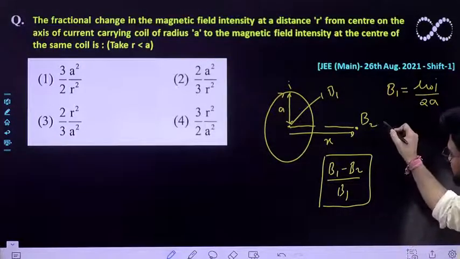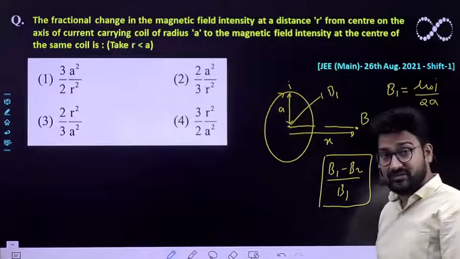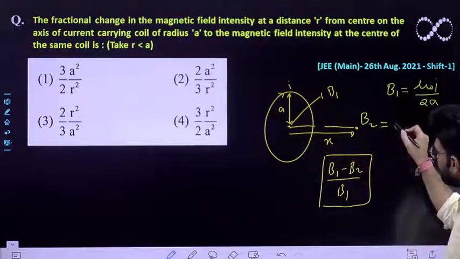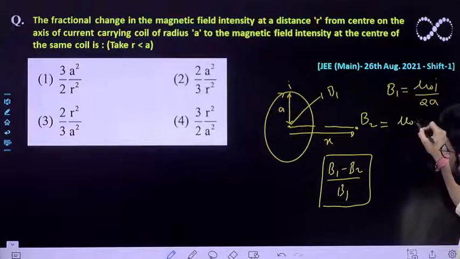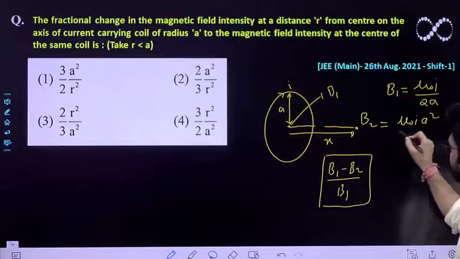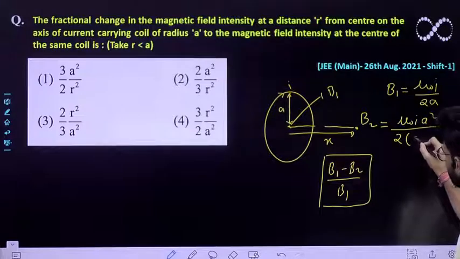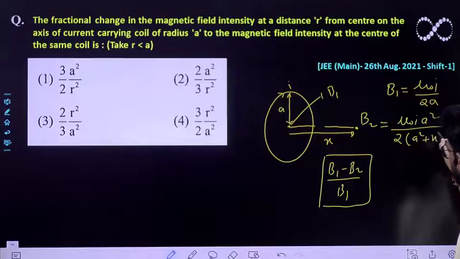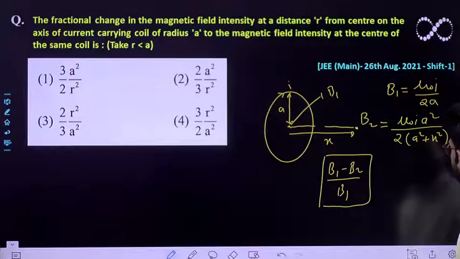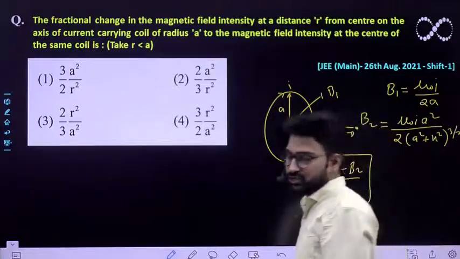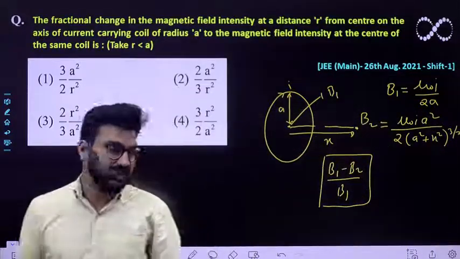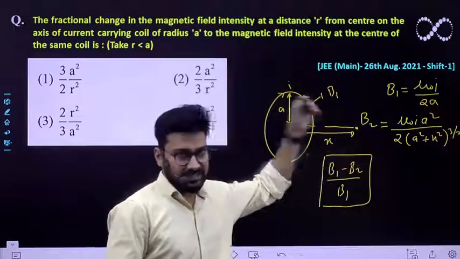And what about B2, the magnetic field at the axial point? It is given by the relationship mu naught I a square, where a is the radius, divided by 2 times (a square plus x square) power 3 by 2. This is the magnitude of the magnetic field at the axial point.